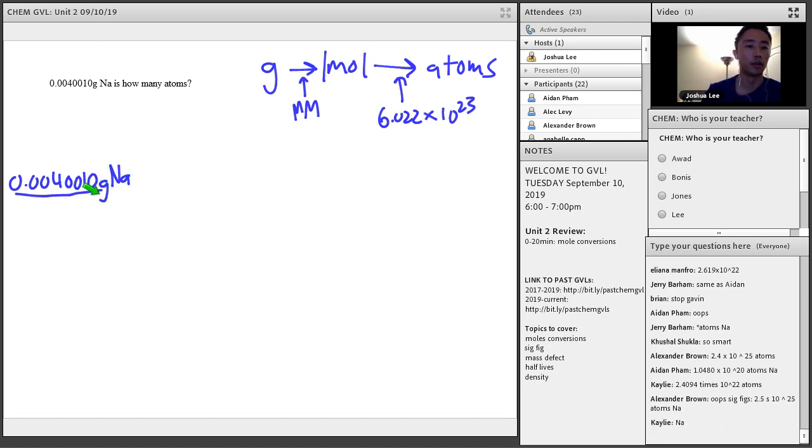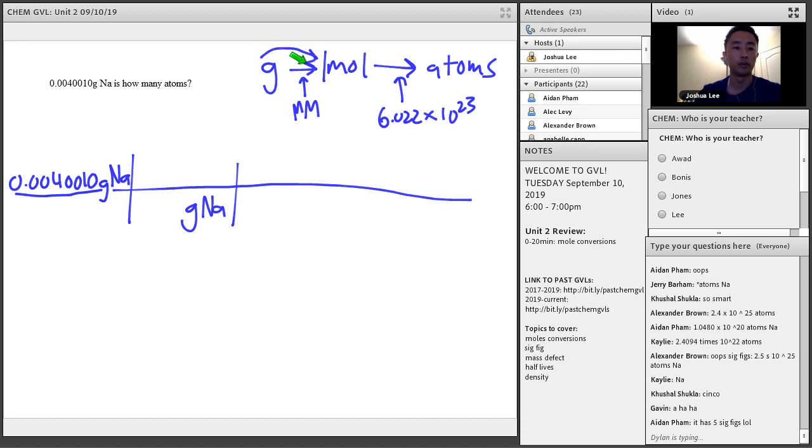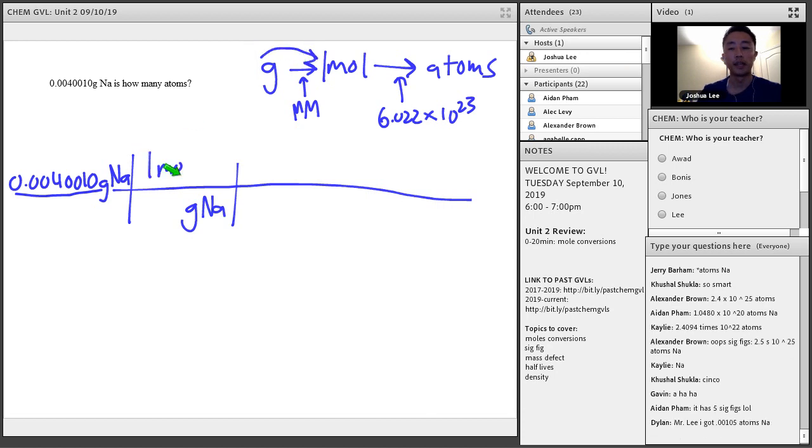very long problem. So at this point, we want to get rid of grams. So grams are going to go down here of sodium. Then we have to stop by 1 mole of sodium. Then for every 1 mole of sodium, there's 22.99 grams of sodium. Grams of sodium cancel out. Now we're at mole town, or mole's house.